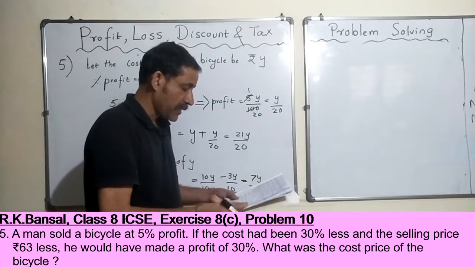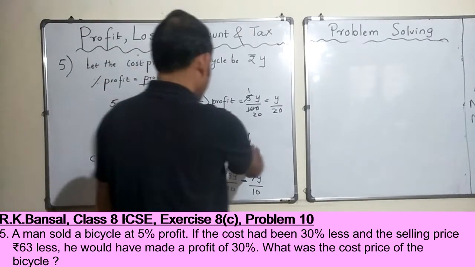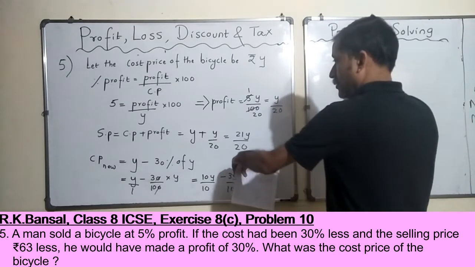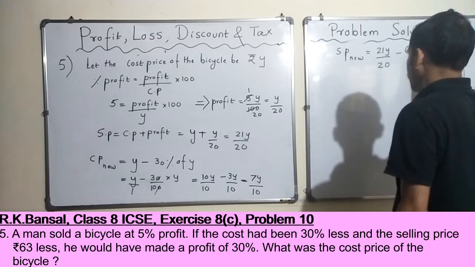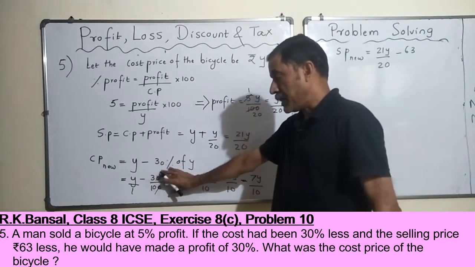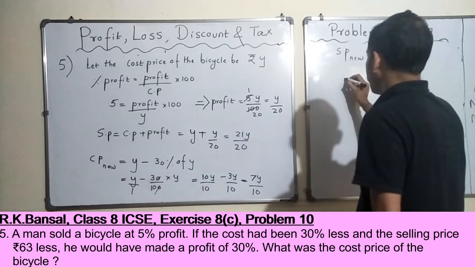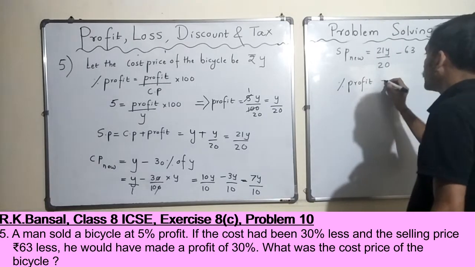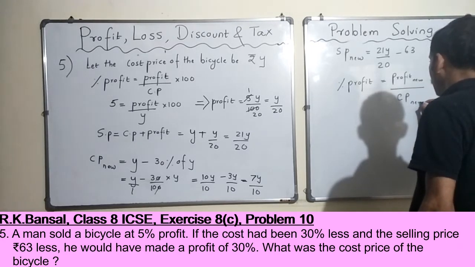We'll see what happens. If this was the cost price and the selling price was 63 rupees less than the old selling price, then SP new is equal to 21y by 20 minus 63. If this is the new cost price and this is the new selling price, you would have made a profit of 30%. So profit percent would be profit new by CP new into 100.